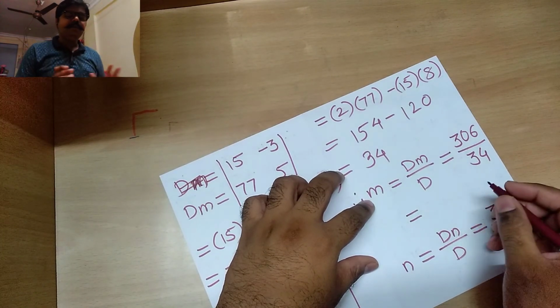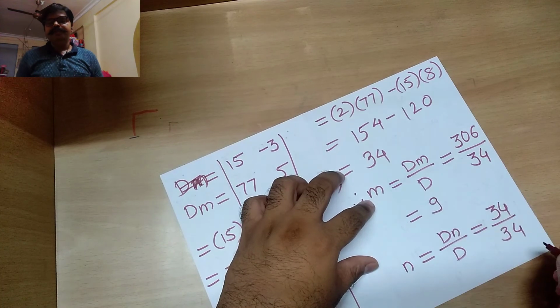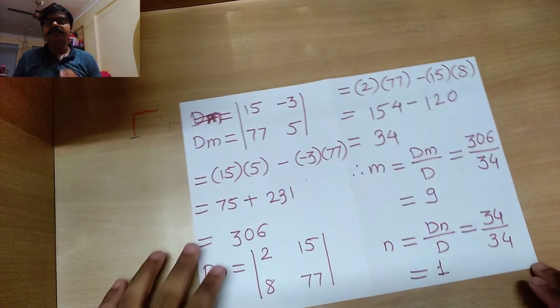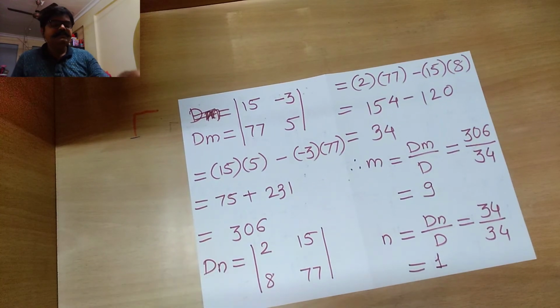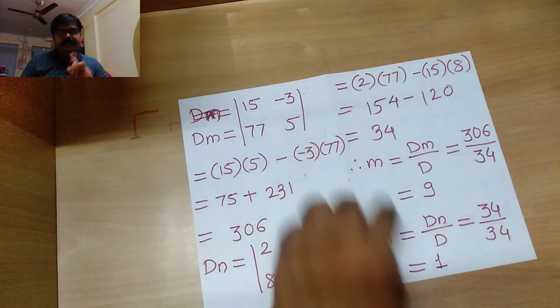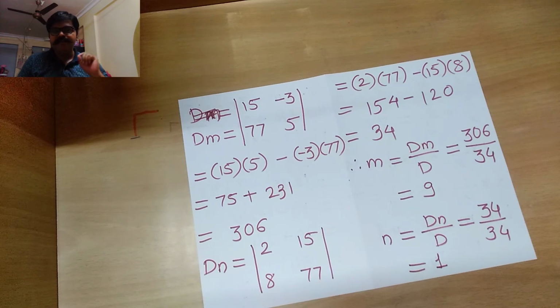We have calculated this, but please note, our entire target was to calculate the value for x and y. This m and n were not there in the original question. Therefore even if we have got the value for m and n, still that is not our final answer. Our final answer will include value for x and y. Now let us see exactly how to calculate x's and y's values.